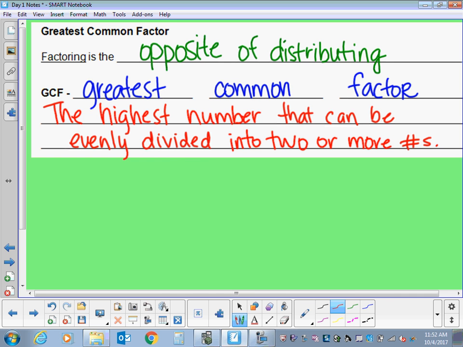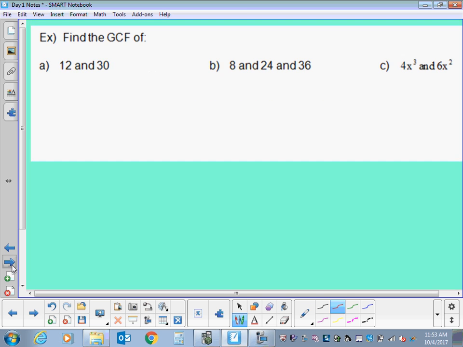Now I'm going to show you the long way to do this first, then I'll show you the shortcut. We can't show you the shortcut first because then you'll never know what's going on. All right, GCF. I have 12 and I have 30.